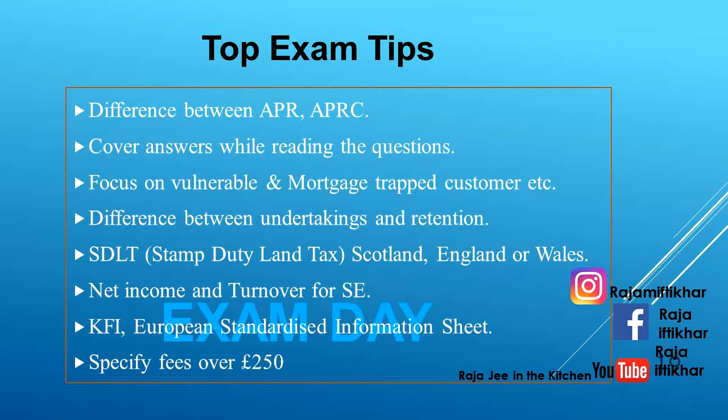Stamp duty land tax, they might get you on that. So they might say this person bought a house for £180,000. How much stamp duty do they have to pay, and it's their second property. For £180,000, if the property is in Wales, up to £180,000, you don't have to pay any tax.